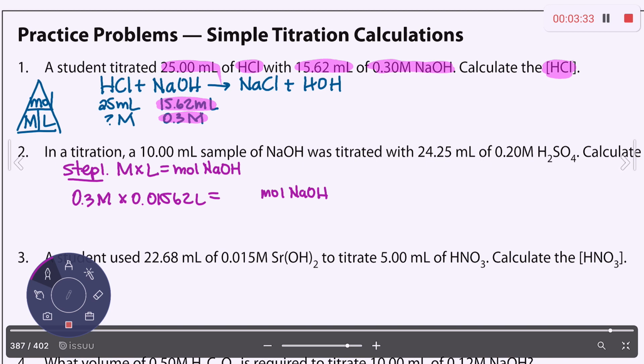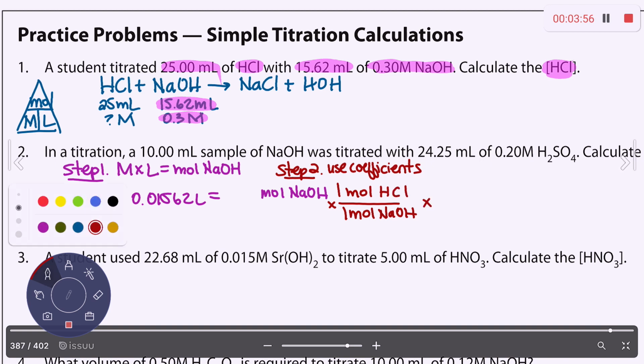Then I need to do a mole ratio from NaOH to HCl. So step number 2 is going to be using the coefficients. So you've got a 1 in front of NaOH and a 1 in front of HCl.